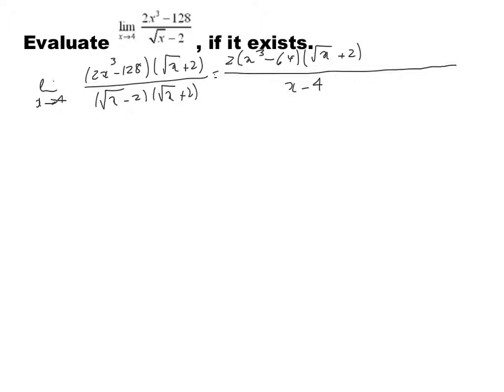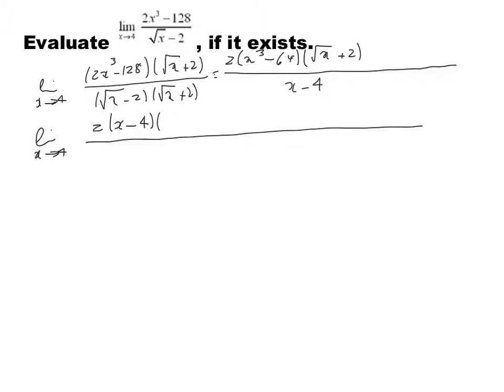Now, x cubed minus 64 can be written with 64 as 4 cubed, so I can write it as x minus 4 times something.